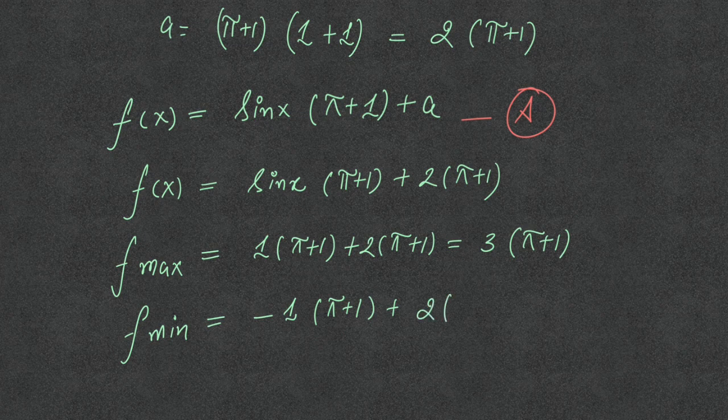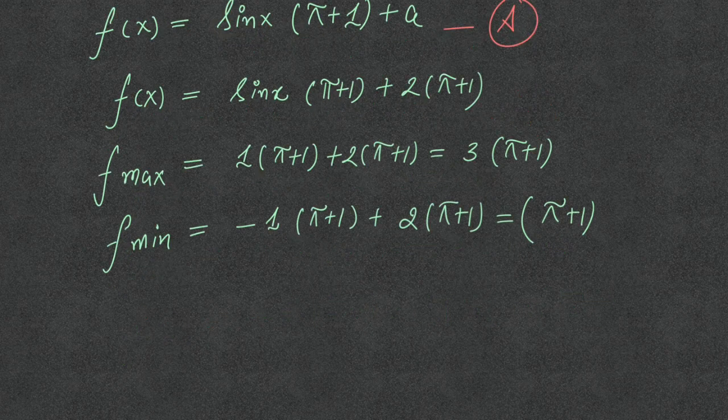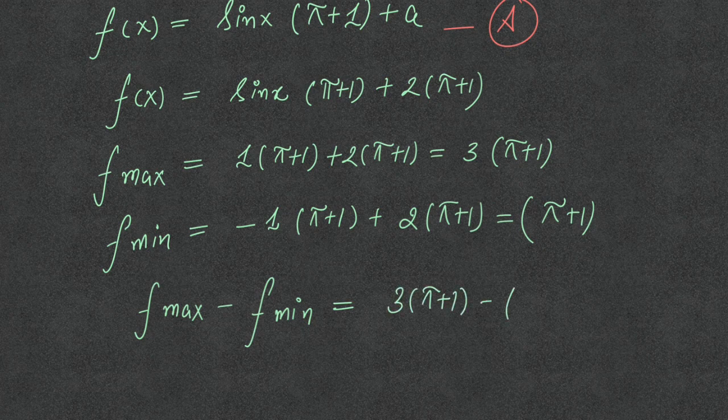So 2 times (pi plus 1) as it is. So this becomes (pi plus 1). So clearly from here, f of maximum minus f of minimum becomes 3 times (pi plus 1) minus (pi plus 1), which is equal to 2 times (pi plus 1).